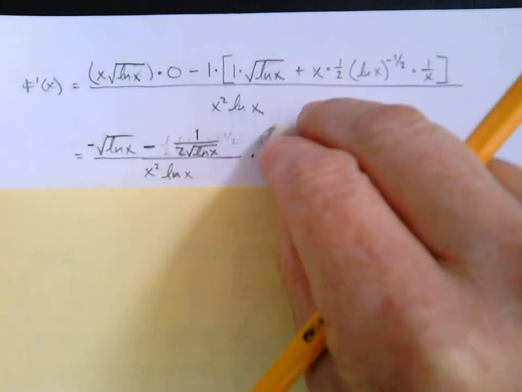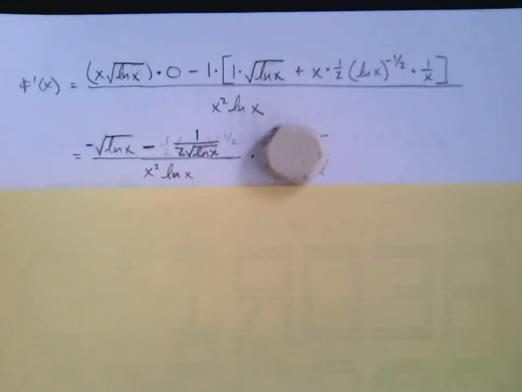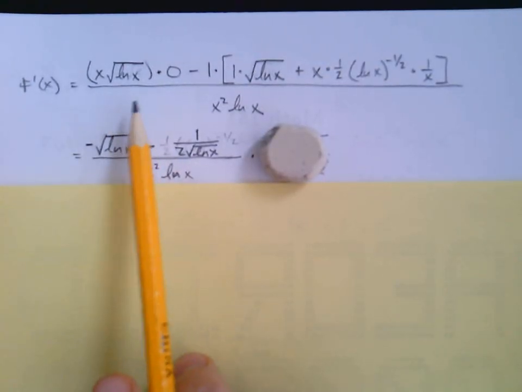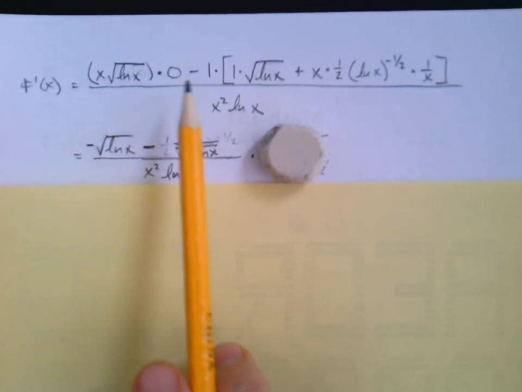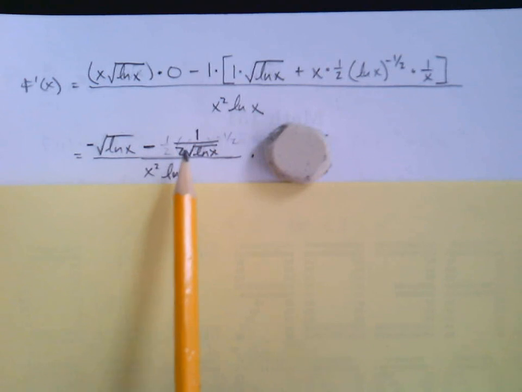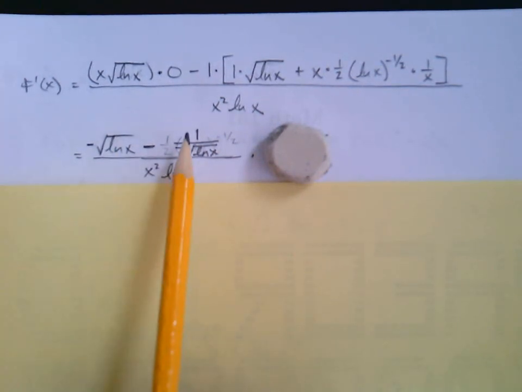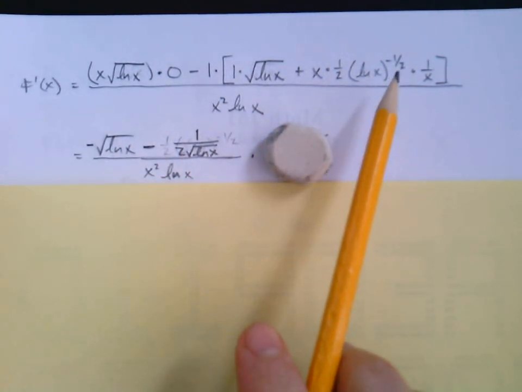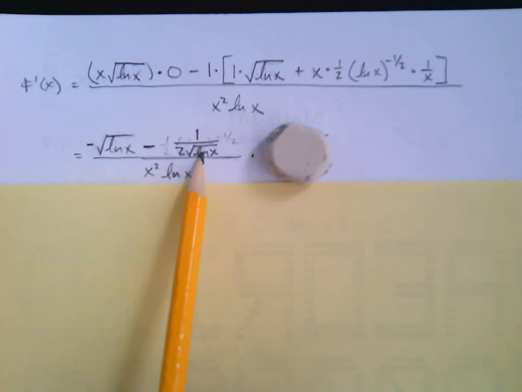So let me hide this for a moment with my eraser. Okay, so I simplified all that. I had a nice times 0 here, and then this was all times -1, and I got it down to this, and I rewrote the natural log to the -1/2 power, and the 1/2, I rewrote it as this fraction.